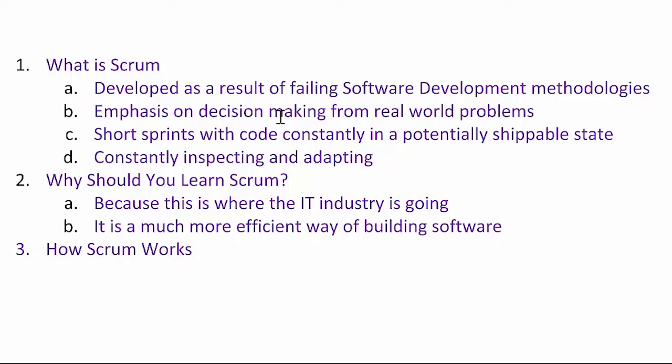And finally, another feature that defines Scrum is that we are constantly inspecting and adapting our application. So the beauty of these short sprints is that after the 2 weeks, you can go back and figure out what you did well, what you did not do so well. You can improve upon what you didn't do well, and you can continue doing the things that were going right.